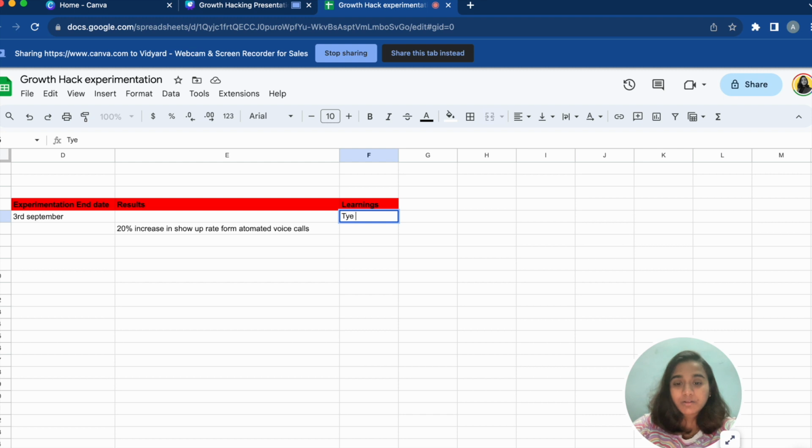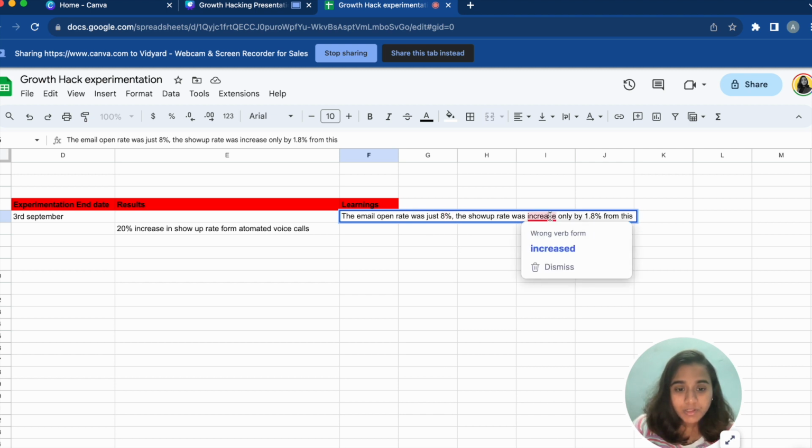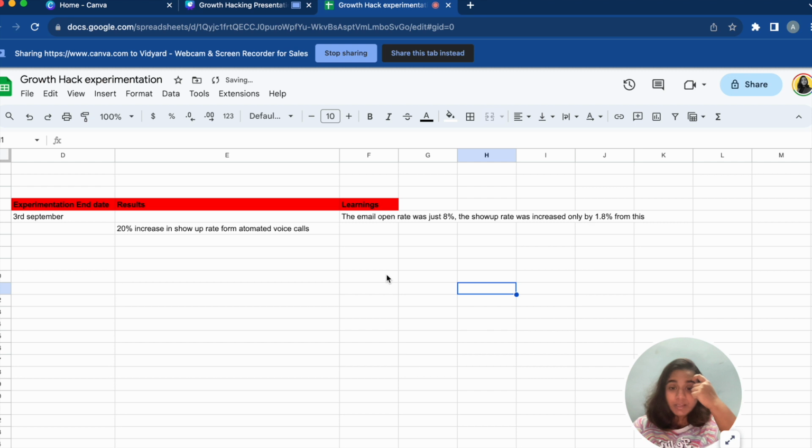The email open rate was just 8% and the show up rate increased only by 1.8% from this. So you basically learned one important learning here, that email reminders specifically don't work out for your audience.